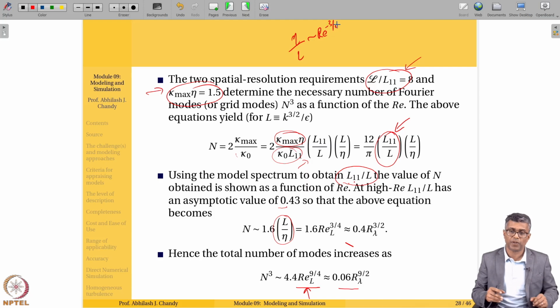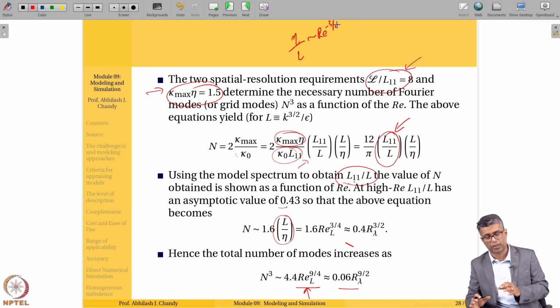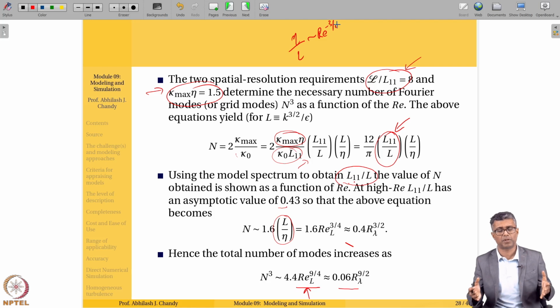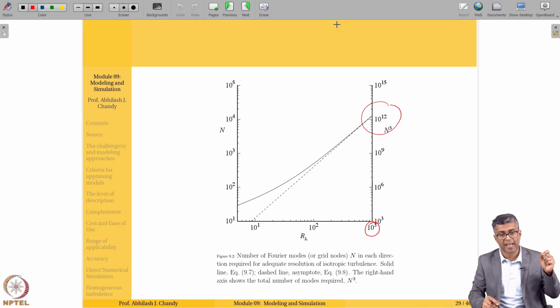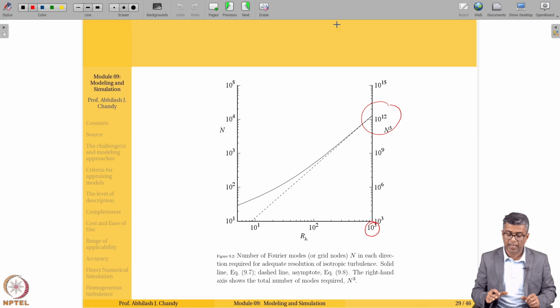So we put that in, we wrote it as an estimate of R lambda as well, although I don't want you to focus on that too much because the Taylor scale Reynolds number is something that we hardly use. However, the plot that we have shown here is n versus R lambda and n cubed versus R lambda, and we have seen that we are talking about more than 1 billion points for an R lambda of 1000, which is closer to a very realistic Reynolds number in practical applications.